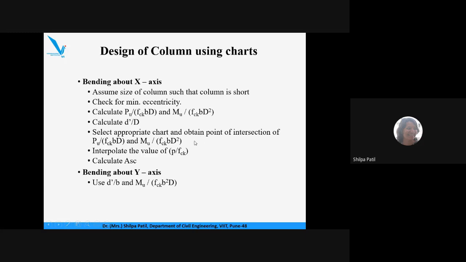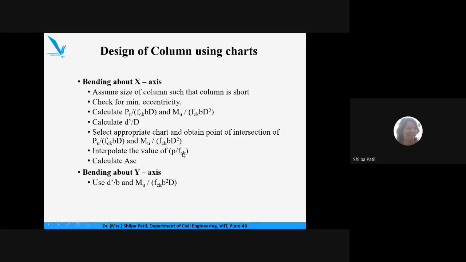So plot these points on x and y axis, draw the horizontal and vertical lines from these points, and find out the point of intersection of these 2 lines, and that point of intersection will give us a particular value which corresponds to your p by fck ratio.